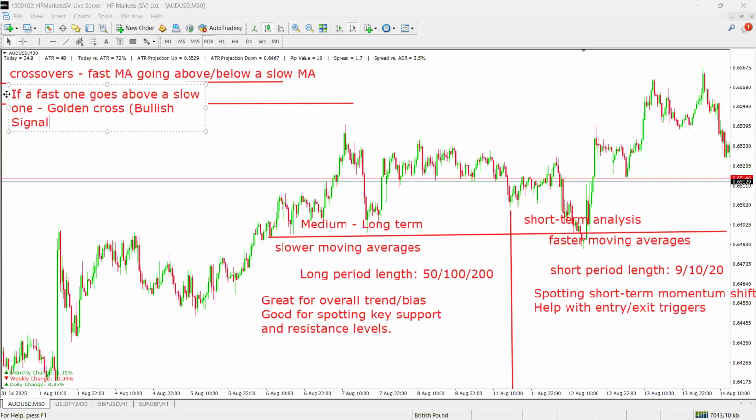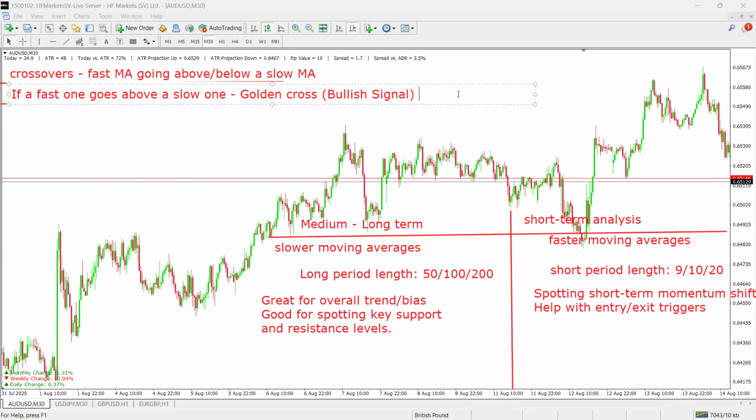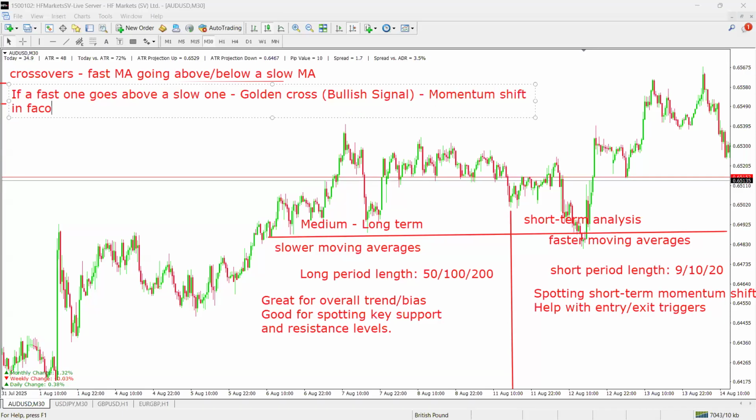It's more or less like saying it's time for you to look for an opportunity to buy. That is, the trend is now in favor of buyers. And also, this is a momentum shift in favor of buyers.